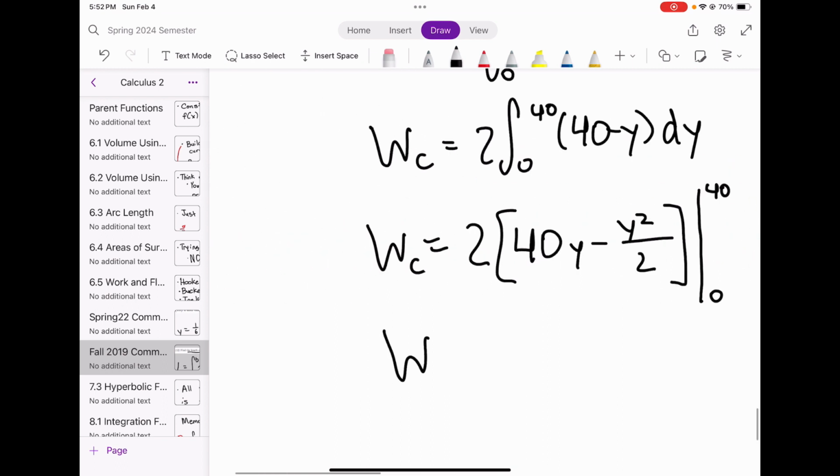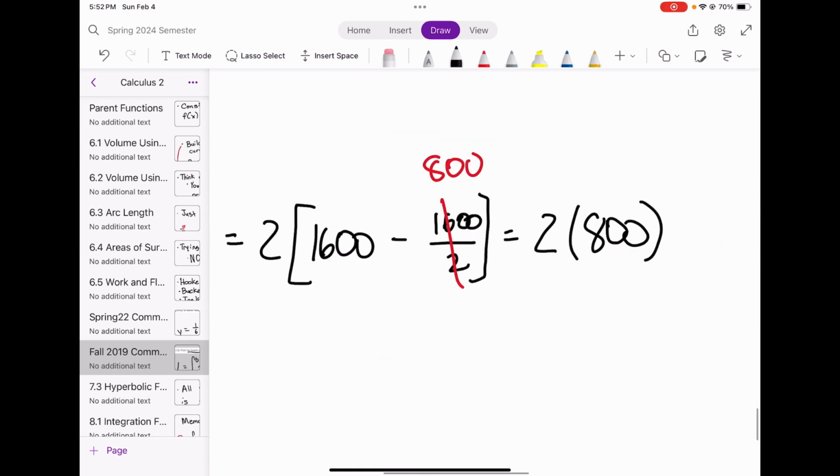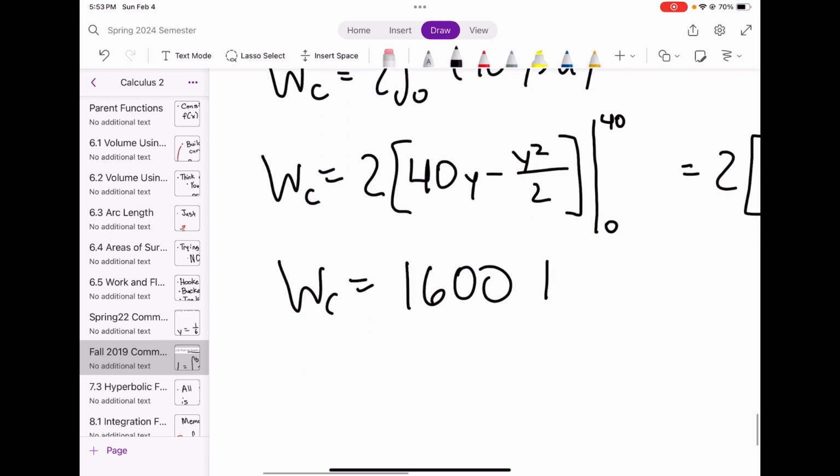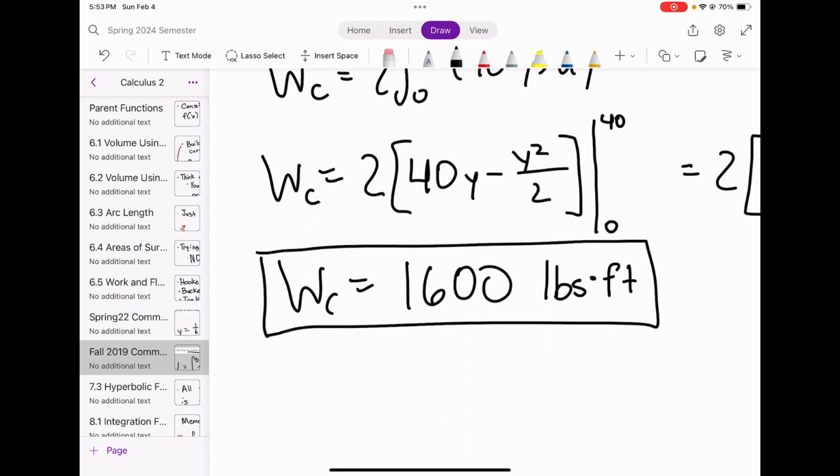The work of the cable is 2 times 800, which is 1600. And now you need the units, which is pounds times feet. And that's the answer for number 4.